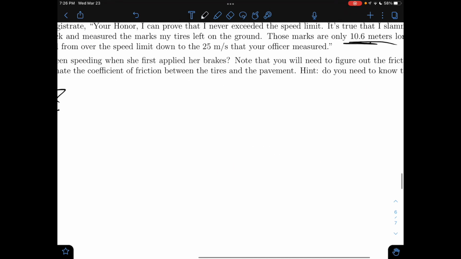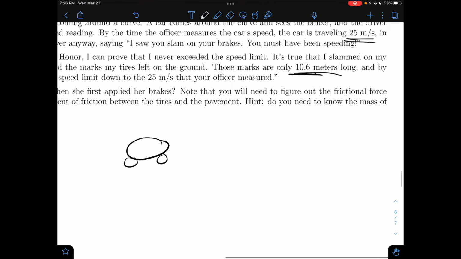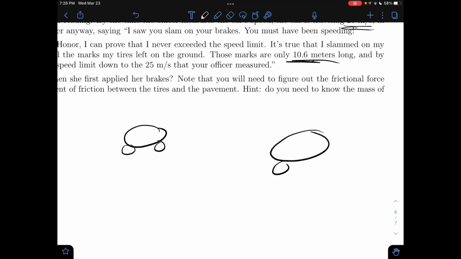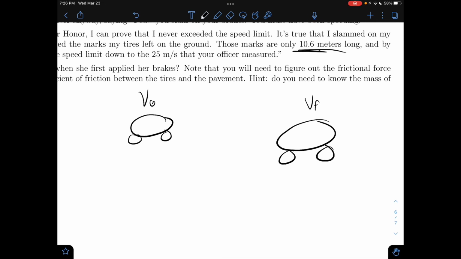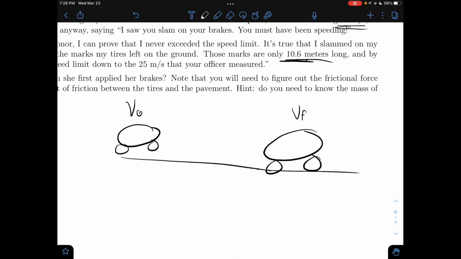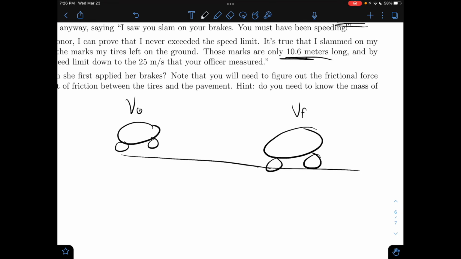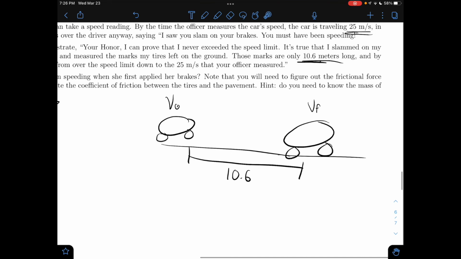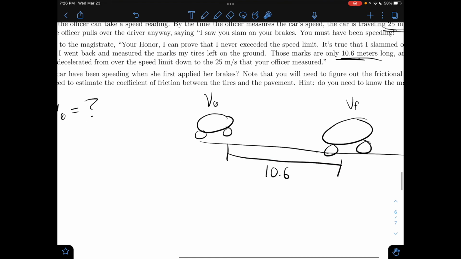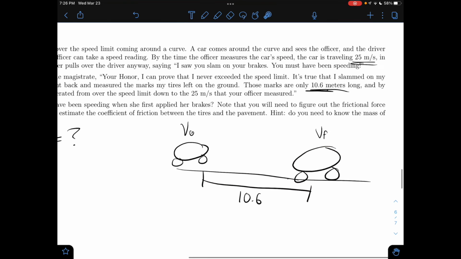So if I'm drawing this as a picture, right, we have our car in our first spot, and our car here, right? This is where we have our V naught. This is where we have our V final. We know that between the two, we left tire marks. This is not a good drawing, I'm sorry, but we have tire marks between that says it took 10.6 meters of kinetic friction to drag and slow the car down to this 25 meters per second.